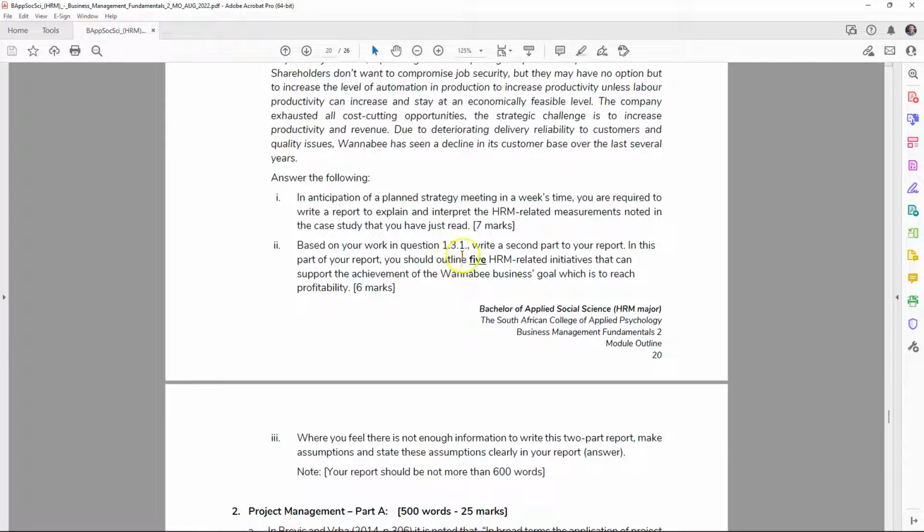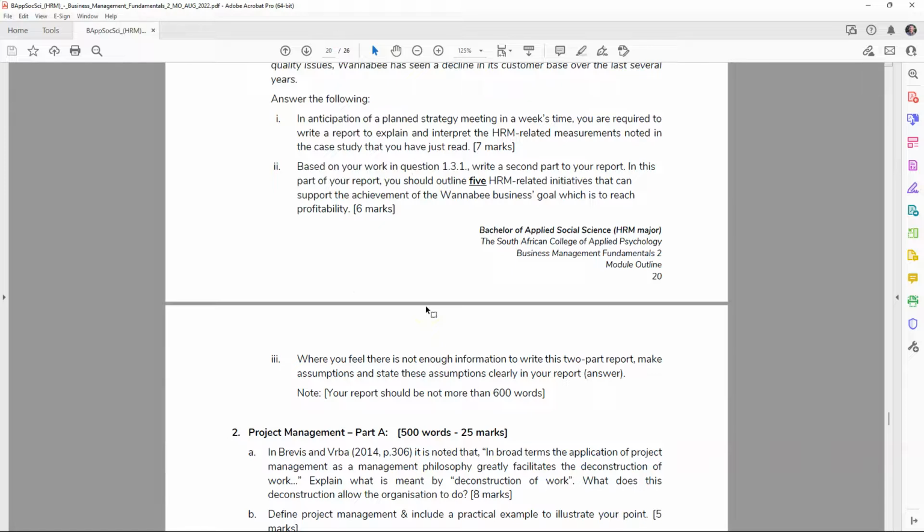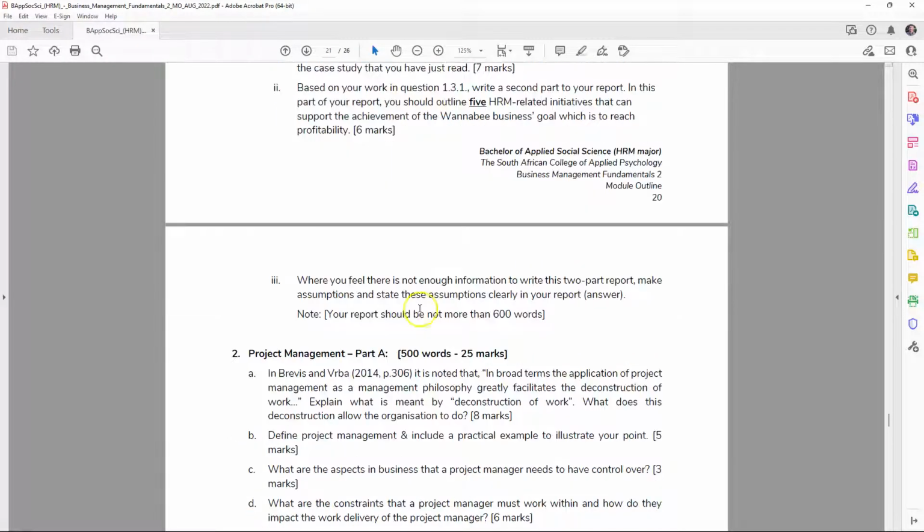Based on your answer to that part, write the second part of your report. In this part of your report, you should outline 5 HRM-related initiatives that can support the achievement of the company called Wannabe's business goal, which is to reach profitability. And then the third element, which above is called a question, is not actually a question.